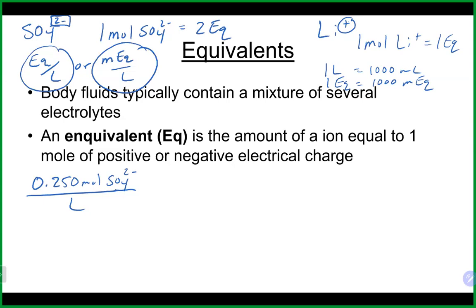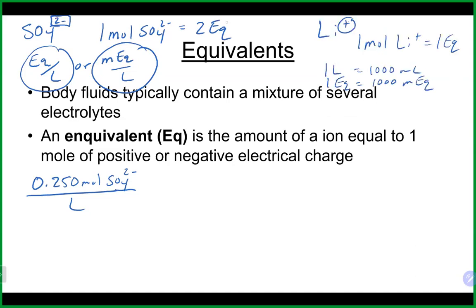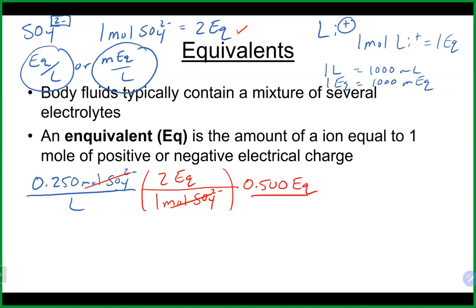We would use our conversion factor from the equivalence: in 1 mole of sulfate, there are 2 equivalents. The moles of sulfate would cancel each other out, and we would end up with 0.25 times 2, which is 0.5 equivalents per liter of sulfate in this case.